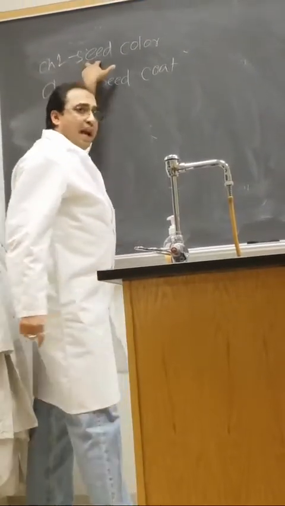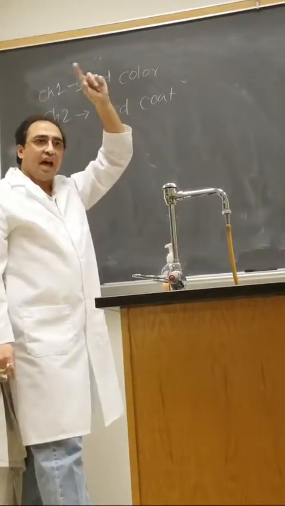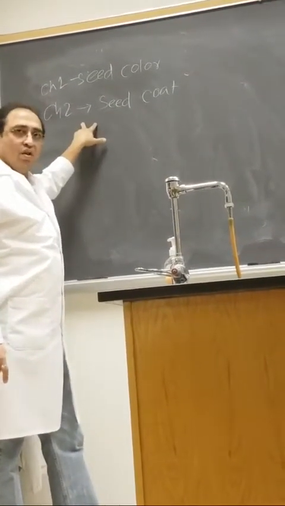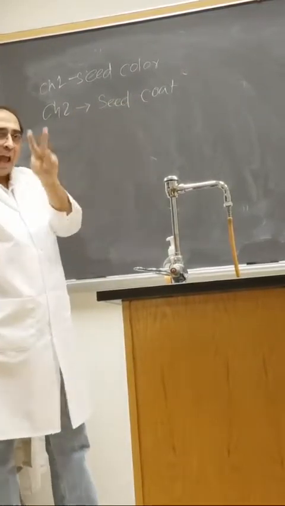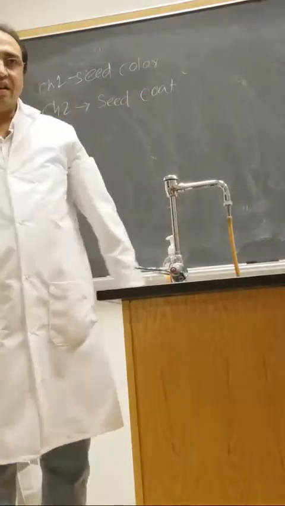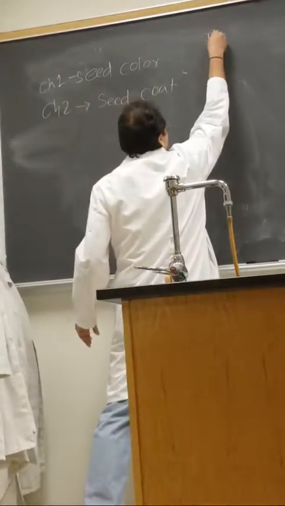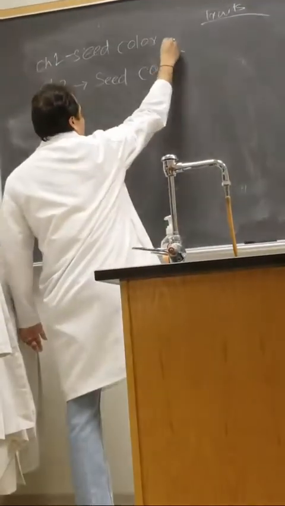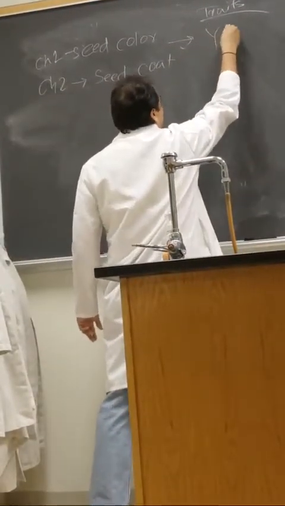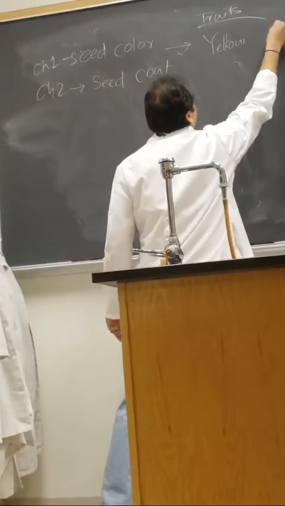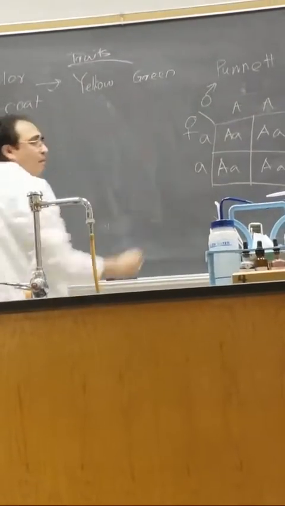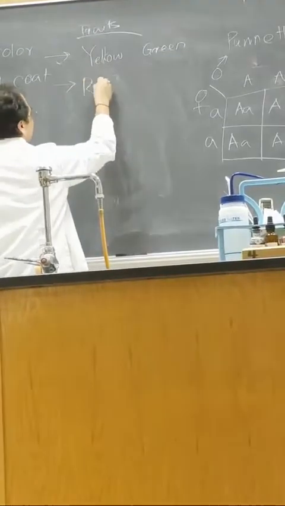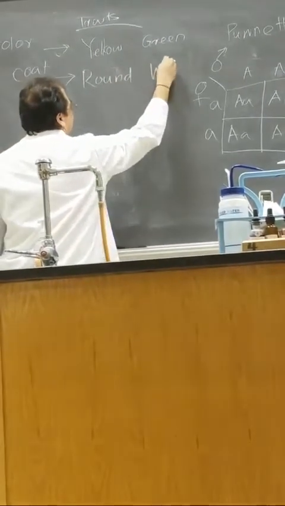So Mendel took two characters. There we took only one character, the height of the plant. Here we are taking two characters, seed color and seed shape. Each and every character must have two traits. The seed color trait is either yellow or green, and the seed shape is either round or wrinkled.